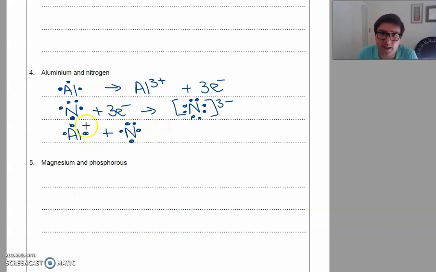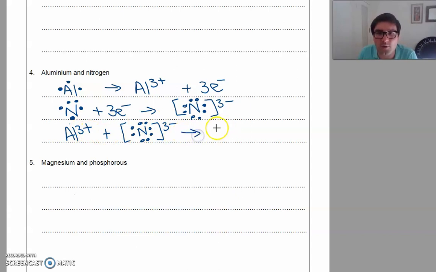but it's not the atoms. I made a mistake here. Remember this is ionic bonding, so I need to write the ions in the final step. So it is the aluminium ion plus the nitride ion, which bond, and because it's 3 minus and 3 plus, they bond in a 1-to-1 ratio.